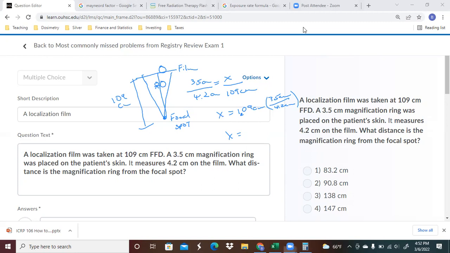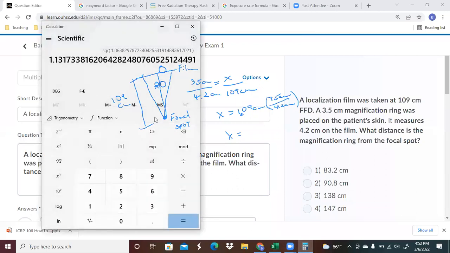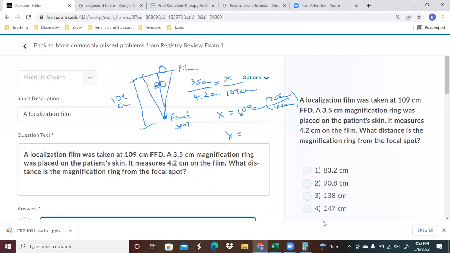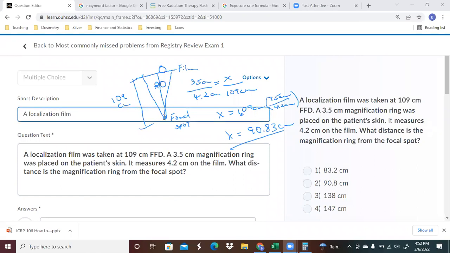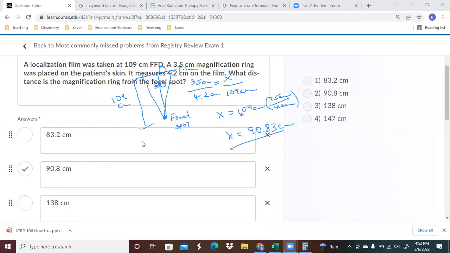So I take 109, multiply that by 3.5 divided by 4.2, and we come up with 90.83. So that distance is what it takes to go from the focal spot out here to the ring.